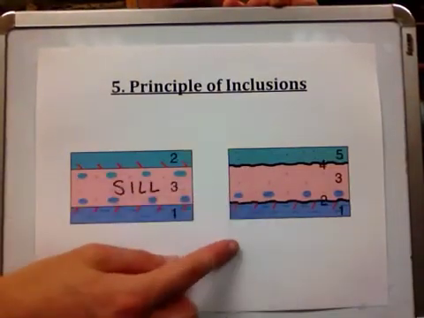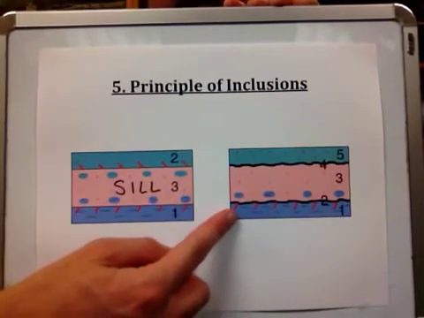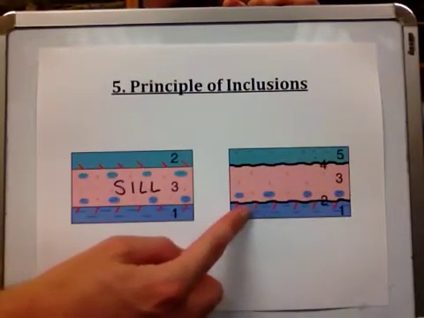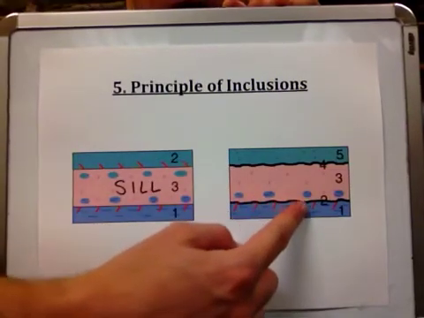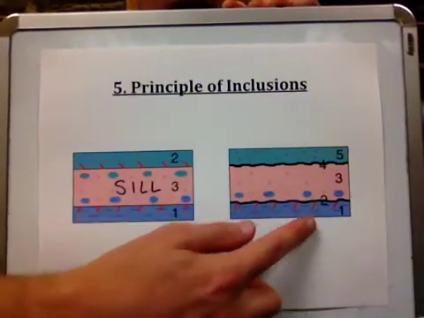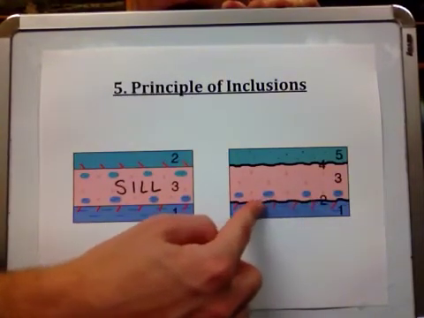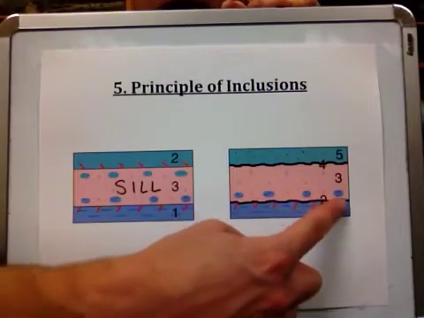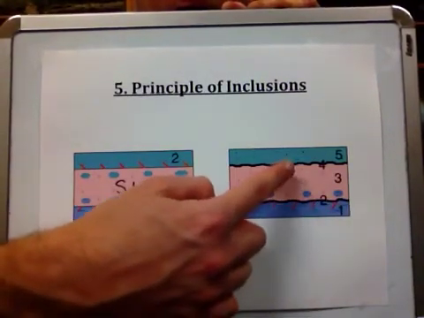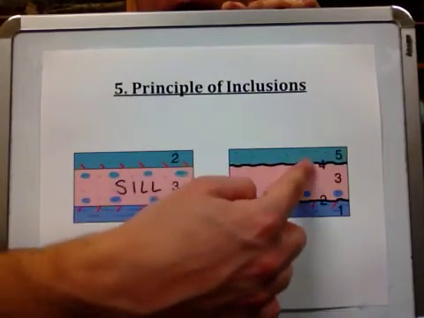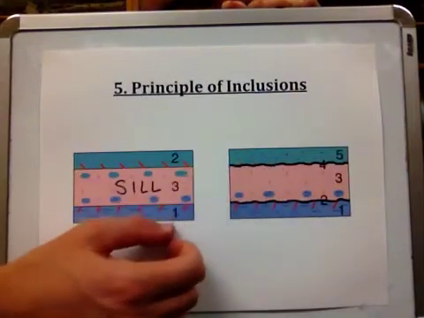On this side, you see that there's a bit of a difference from over here. We only have contact metamorphism at the bottom. Instead of having nice smooth contacts, we have a very rough jagged contact, and then our numbering is different. 1 is the shale, 2 is what we call the unconformity or the erosional surface on top of the shale, 3 is the igneous rock, 4 is the unconformity or erosional surface on top of the igneous rock, and 5 is the sandstone.